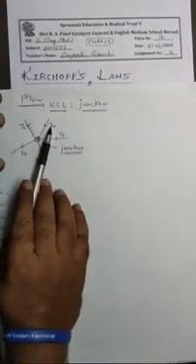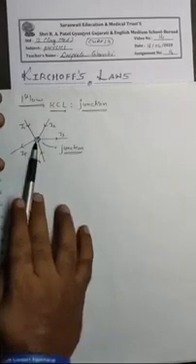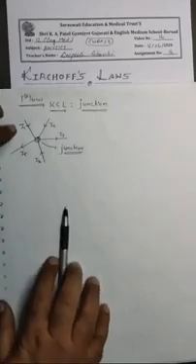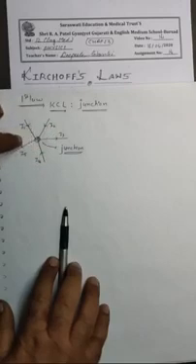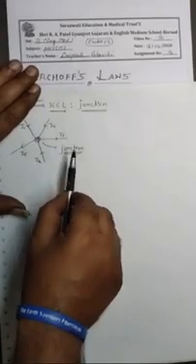From the figure it is clear that I1, I2 and I4 are entering the junction, but I3 and I5, these two electric currents, are coming out of the junction. Got it? So there is a sign convention. The electric currents which are entering, you have to take positive, and the electric currents which are coming out, you have to take negative. But after all, at the junction the electric current will remain 0.